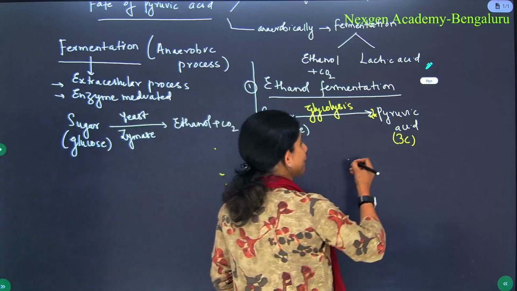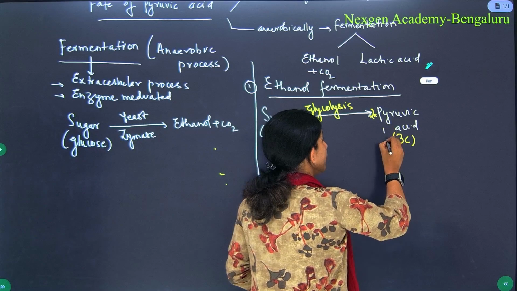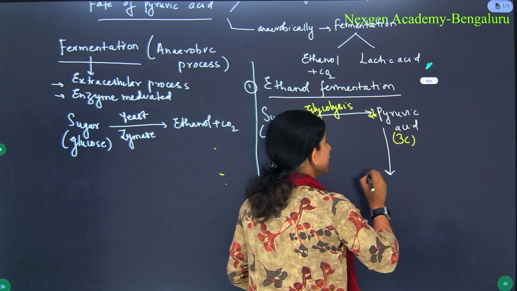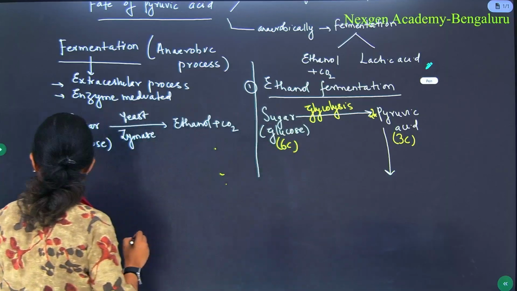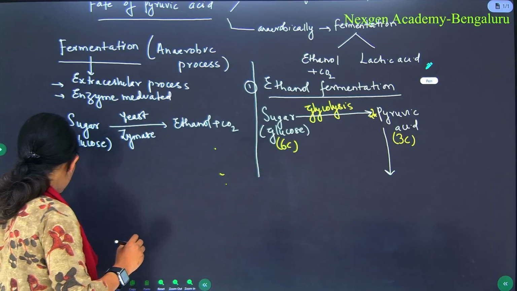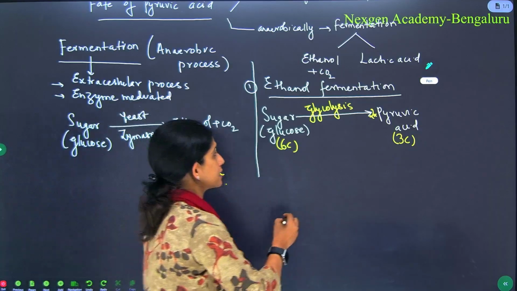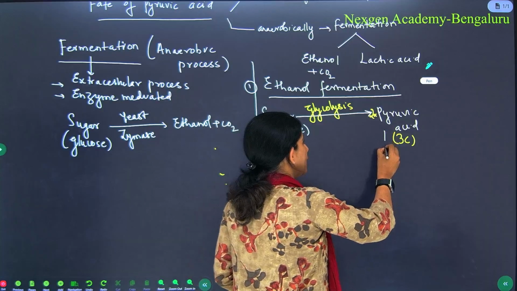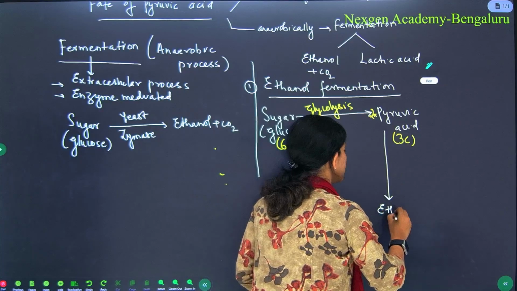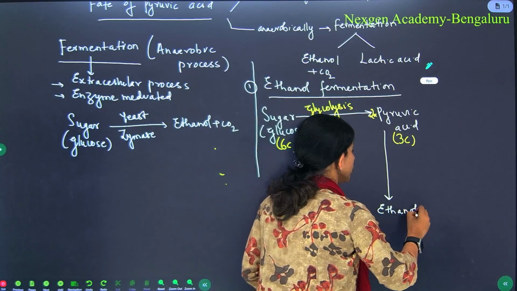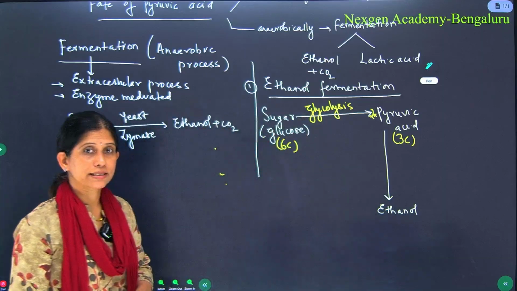So what will happen to pyruvic acid here? Pyruvic acid will directly be converted to alcohol, right? What is the alcohol here? Ethanol, right?